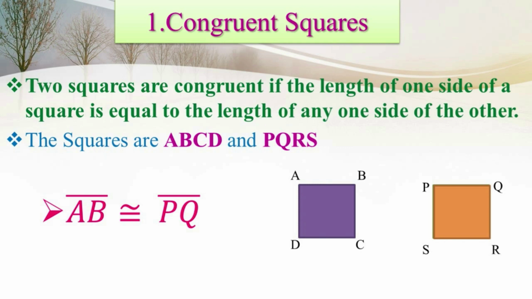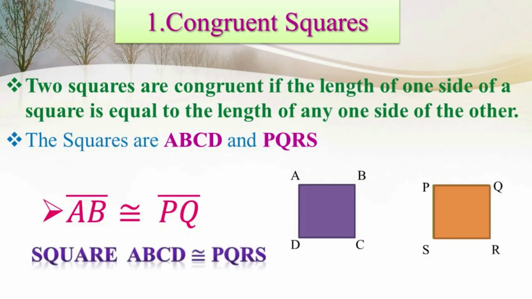This is the point we need to prove the squares are concurrent. Therefore, square ABCD is concurrent to PQRS.